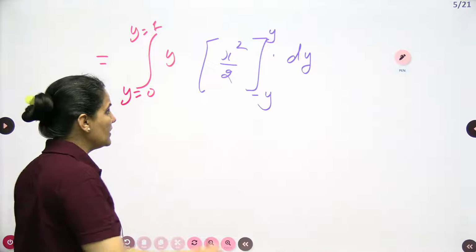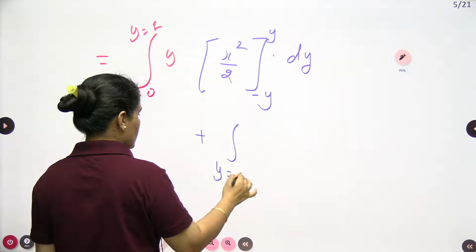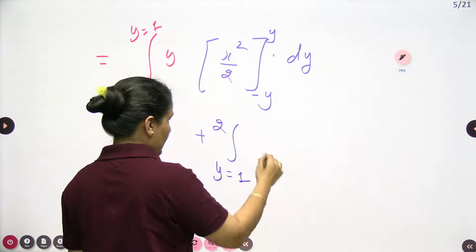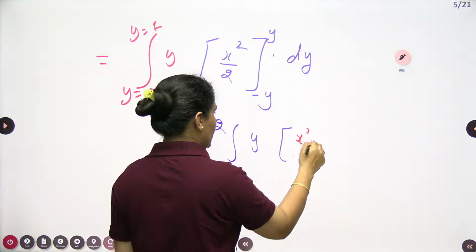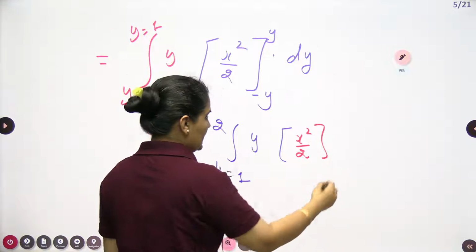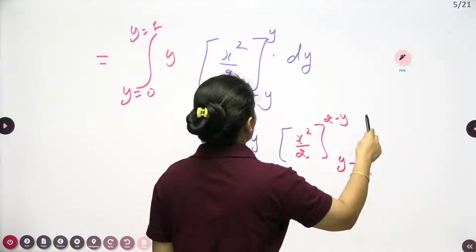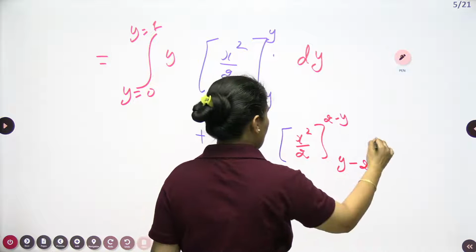Okay, and here when I go with this one, y equals 1 to 2, and here I can take y again, and when I solve this one, this is also x square by 2. My limit is opposite, y minus 2 and 2 minus y. Here x is already done, so y is remaining.